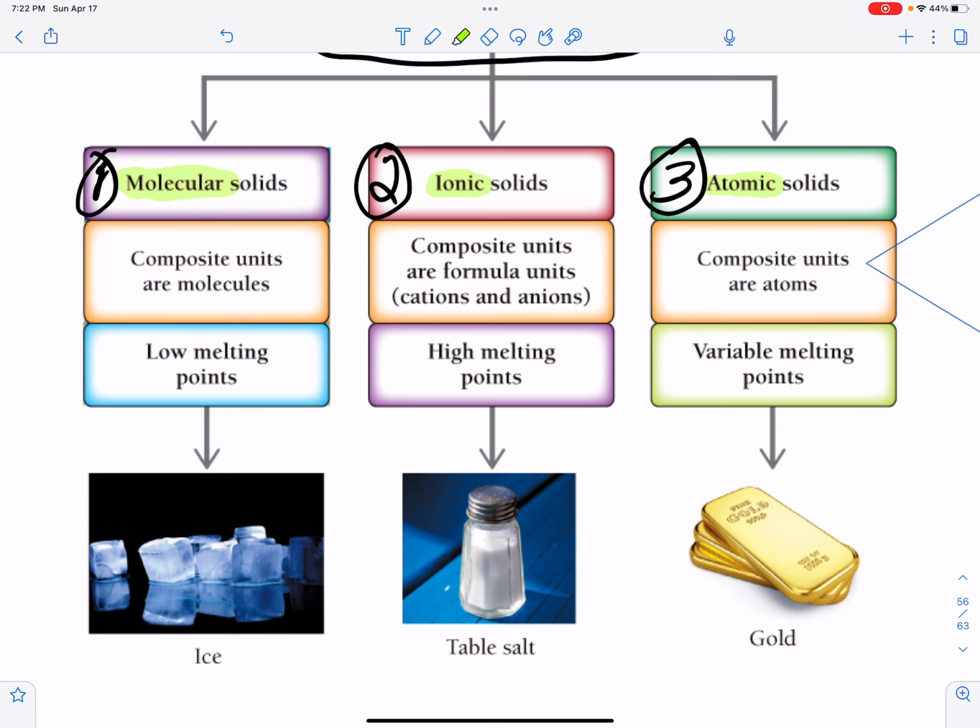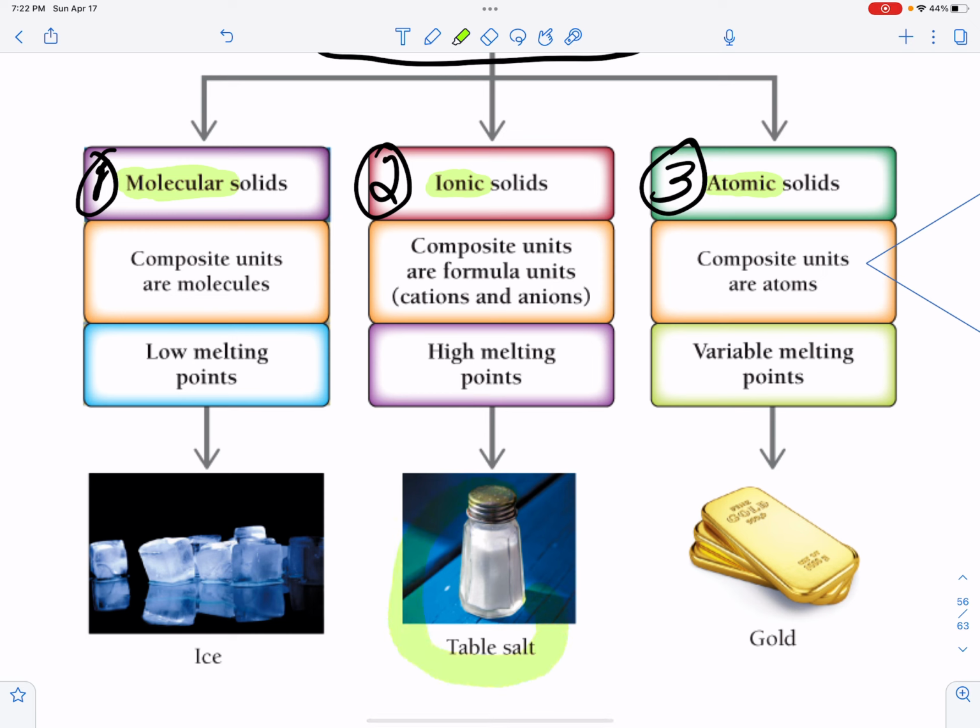A molecule of water with another molecule of water and a million molecules of water below 0 degrees Celsius are going to make a solid, which we know as ice, but it's made out of molecules. So it's a molecular solid.